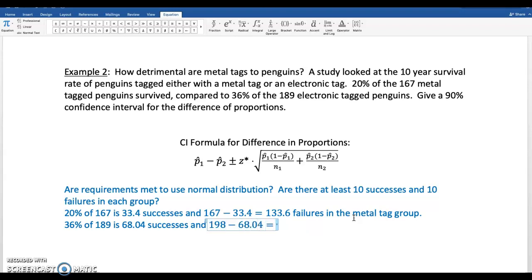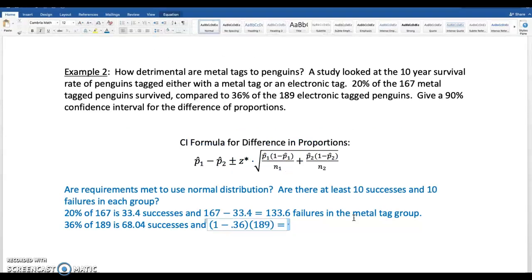Or let me do this another way. There are two different ways to get the number of failures. I could also take 1 minus 0.36 and then multiply that times 189.